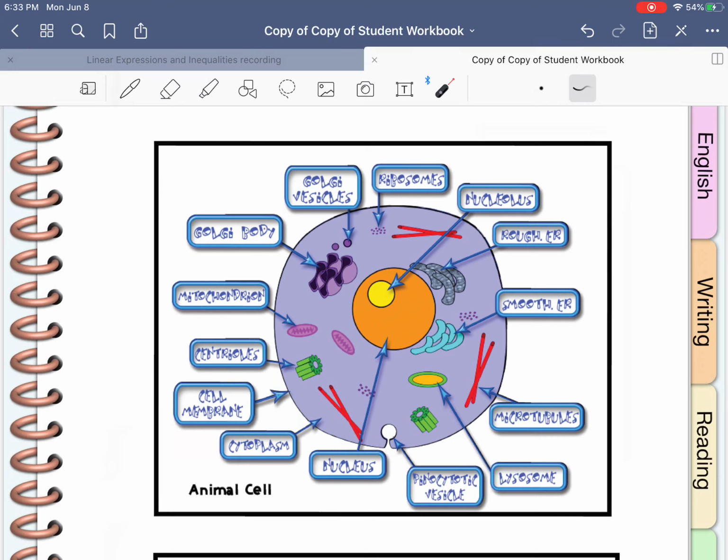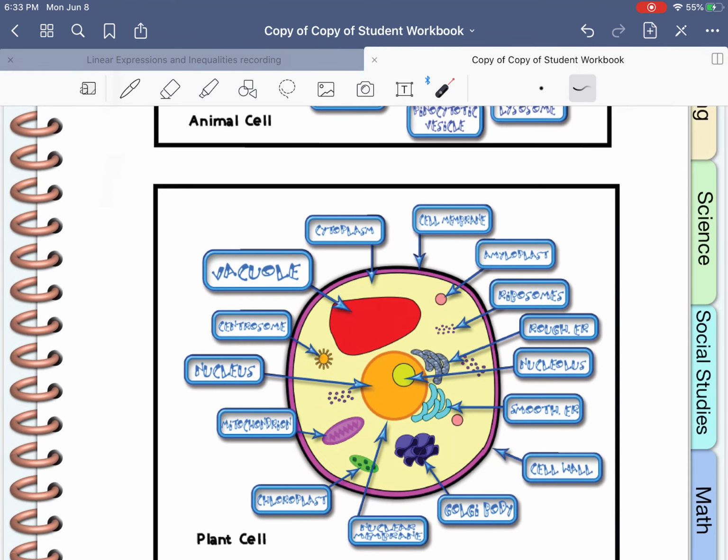When I was teaching every day, I had my students make a model of a cell. We used Jello as our jelly part, and that's called the cytoplasm. But we used like macaroni to represent the different pieces of the cell, and that gave them a very good idea of what a cell would look like magnified millions of times. Here's a plant cell.